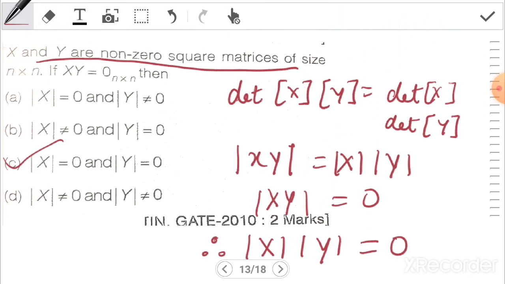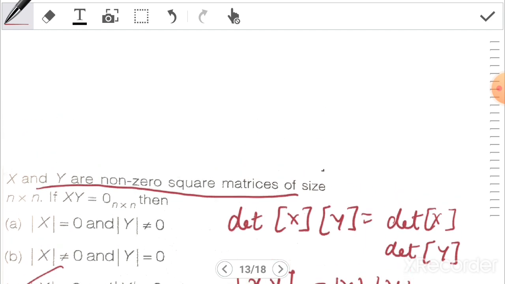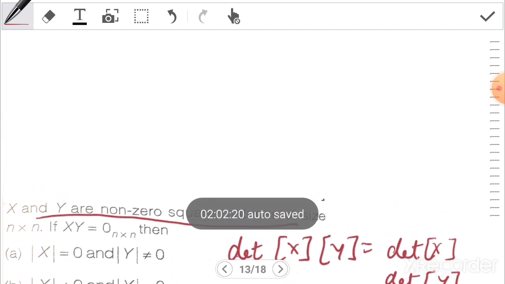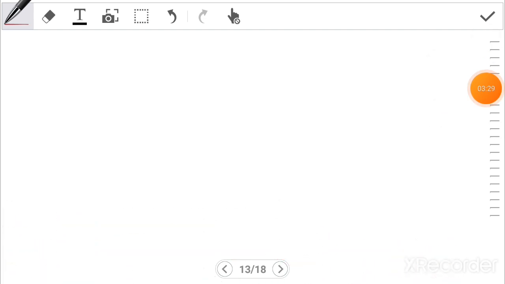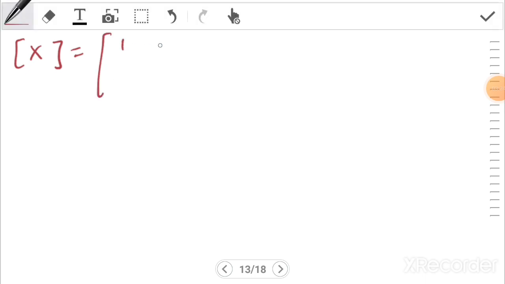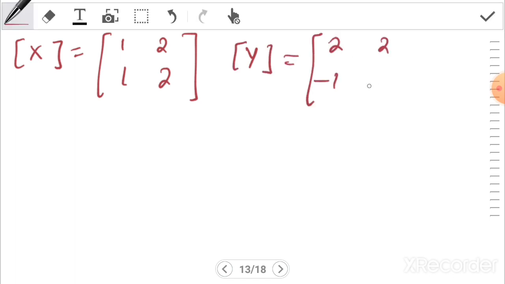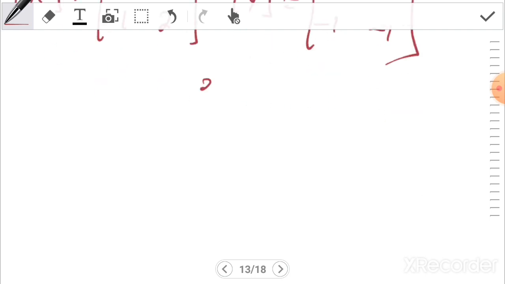Let us verify this. Let us construct one such matrix, x and y. Let's take x as 1, 2, 1, 2 non-zero square matrix and y as 2, minus 1, 2, minus 1. Both are non-zero square matrices of size 2 cross 2.